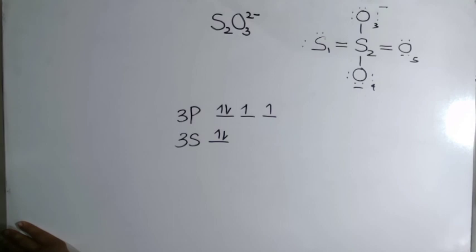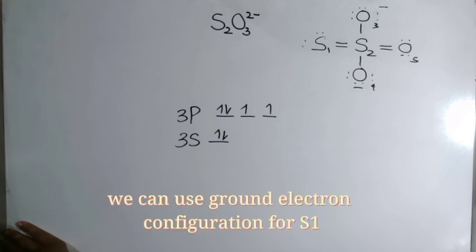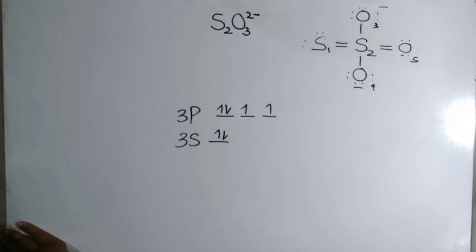This is the ground state electron configuration of sulfur. When we consider sulfur atom 1, we can directly use this because sulfur atom number 1 is neutral. Sulfur atom number 1 requires 3 hybridized orbitals because it has 2 lone pairs and 1 sigma bond.